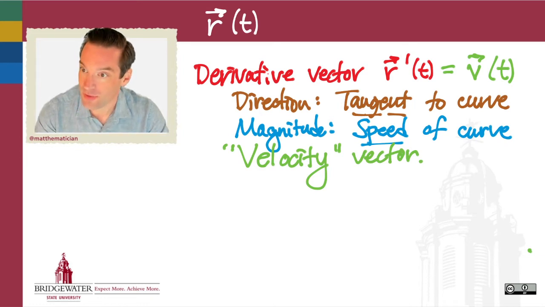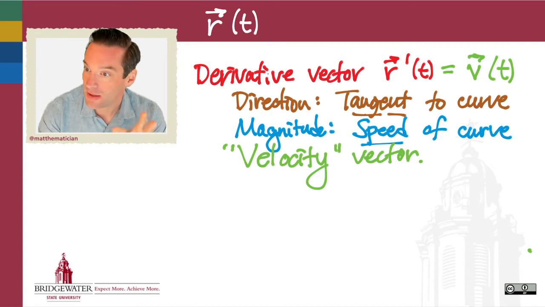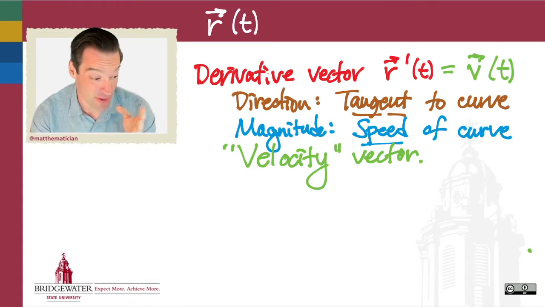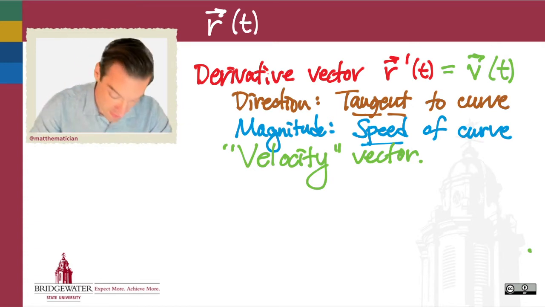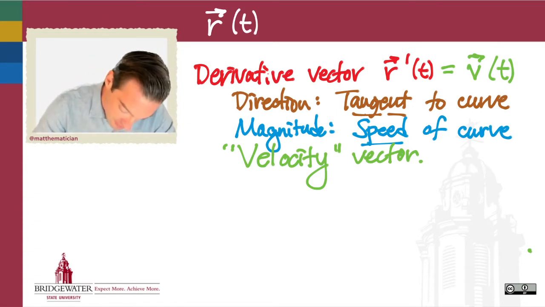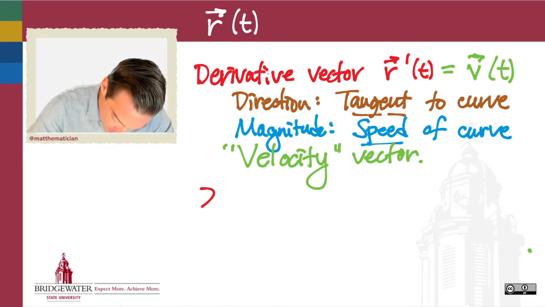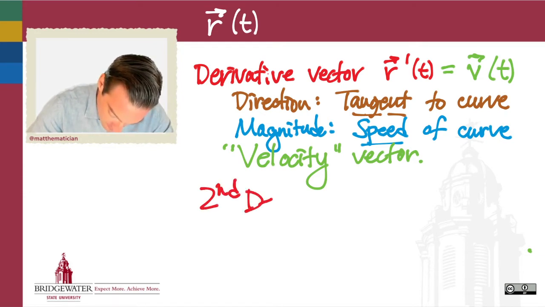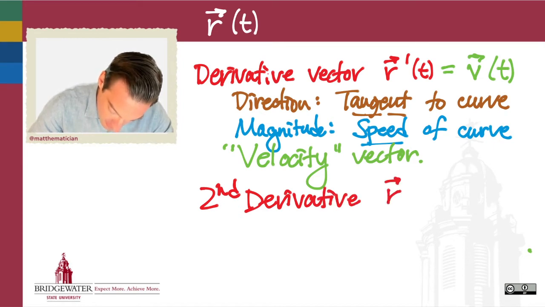So coming back into our activities, we'd like to understand a little bit more about velocity, and also, what's good for the first derivative is also good for the second derivative. We could attach similar terminology to that second derivative, the derivative of the derivative, r double prime of t.